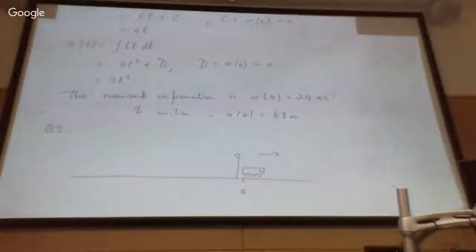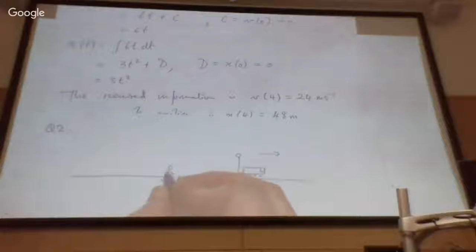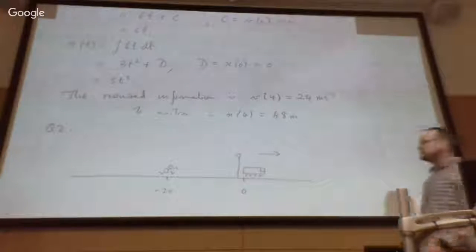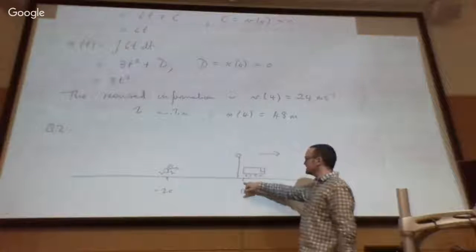He's 20 meters away from the stop and running at his top speed of 5 meters per second. So if he's 20 meters away from position 0, it means he's back here at minus 20. The student running to catch the bus. This is where we see it. The bus is starting to pull away, so it's at position 0.